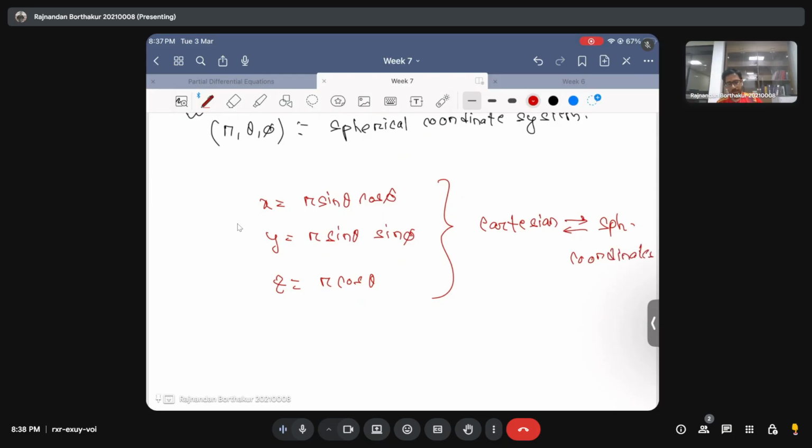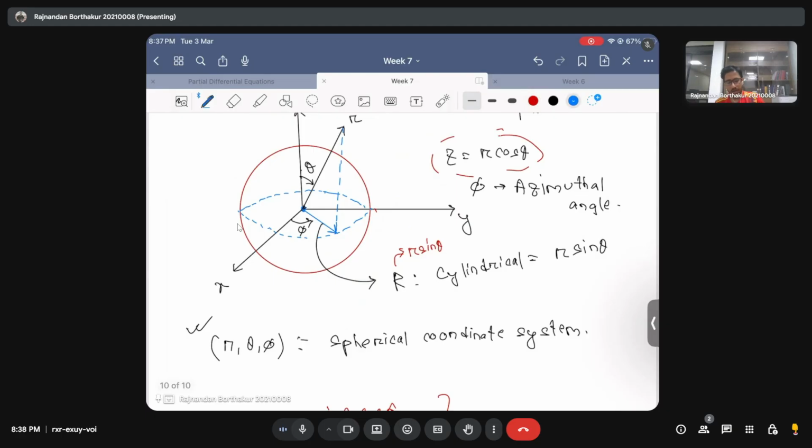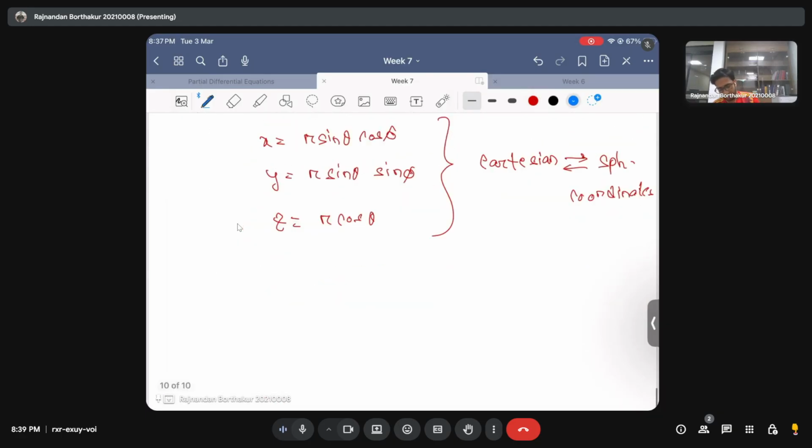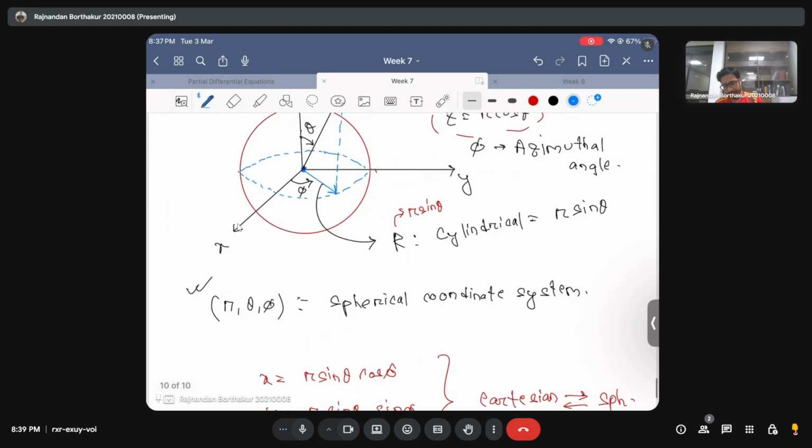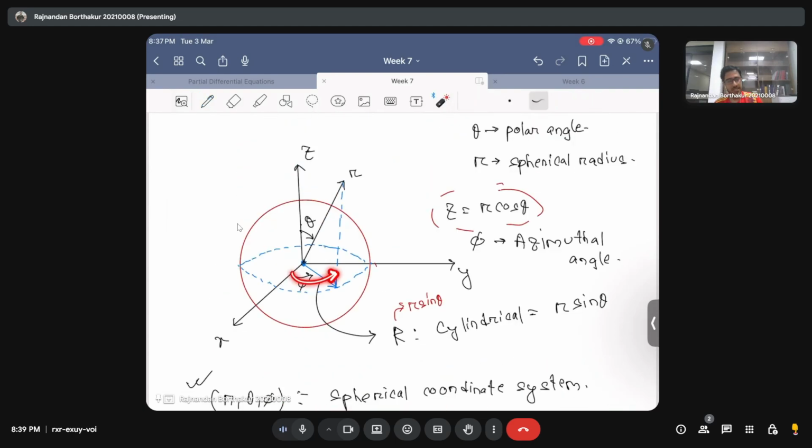Okay. Similarly, you can also draw a relationship between spherical and cylindrical. For example, your cylindrical radius is equal to the spherical radius times sine theta, that we already know. Your cylindrical angle phi is just the azimuthal angle basically. So in the cylindrical space this angle is just the azimuthal angle.